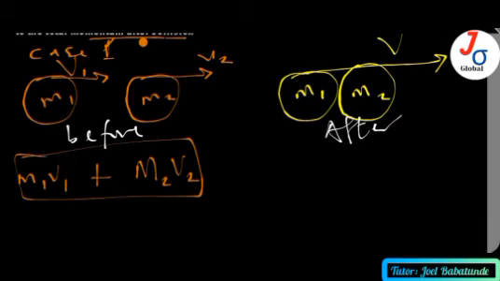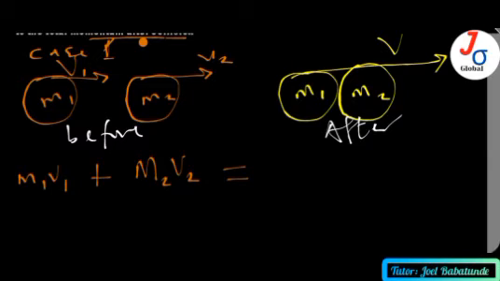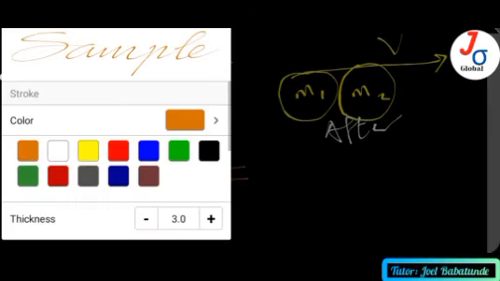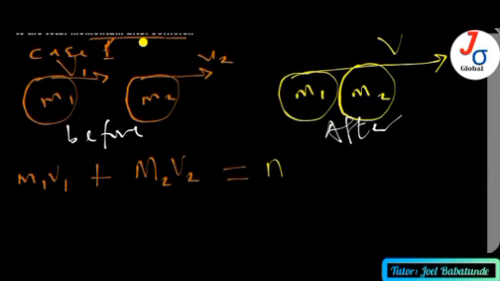This is the total momentum before collision, and it has to be the same. Then m1 now is moving with a common velocity, the same velocity v, plus m2 v, both of them.